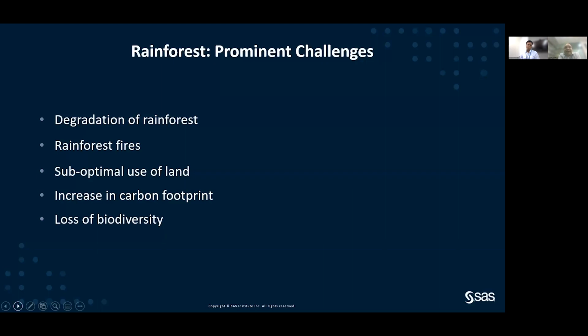Also, there are different land uses in deforested regions that can have very different impacts on the climate and environment. Land use changes expose the rainforest to environmental threats. And some questions become very important to consider. So what are those questions? Is it possible to reduce the environmental impact due to suboptimal use of land?